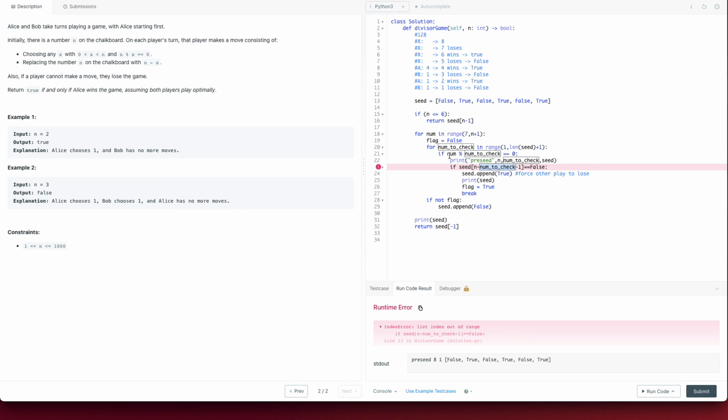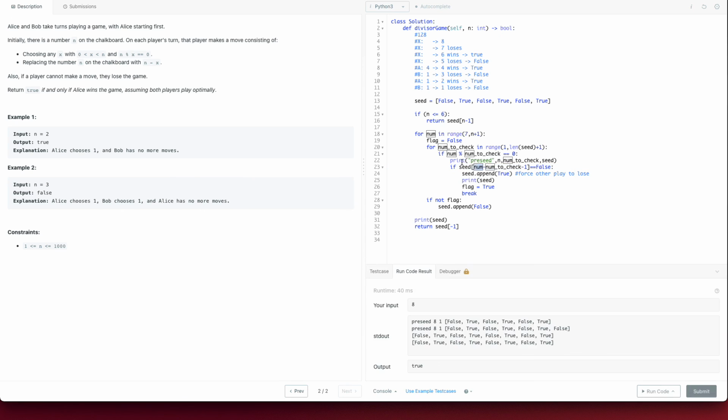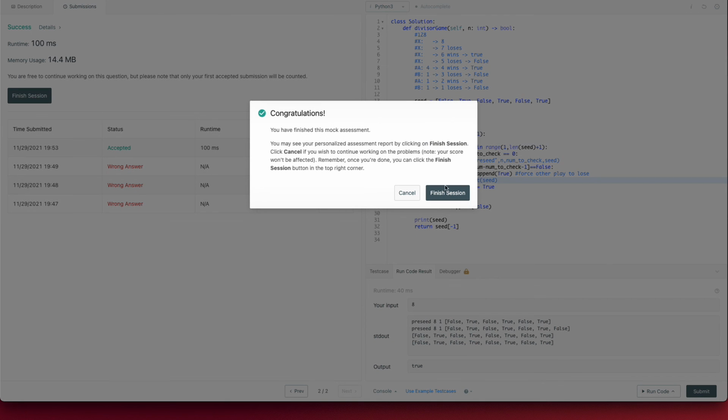Wait a second. Yeah, for the same reason, because they're just building up n. And let's see these indexing issues. Okay, finished.